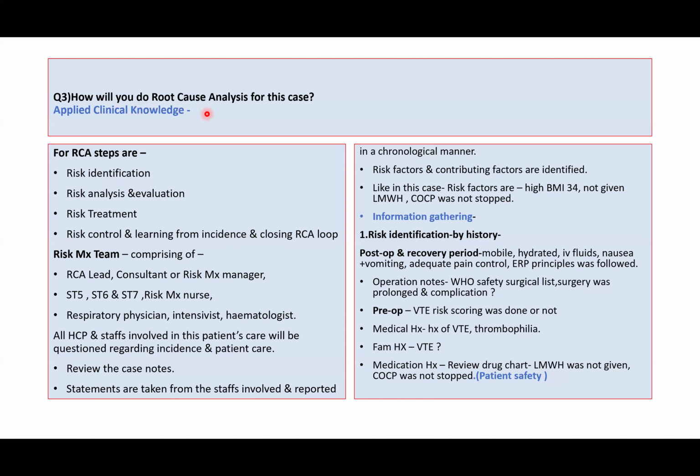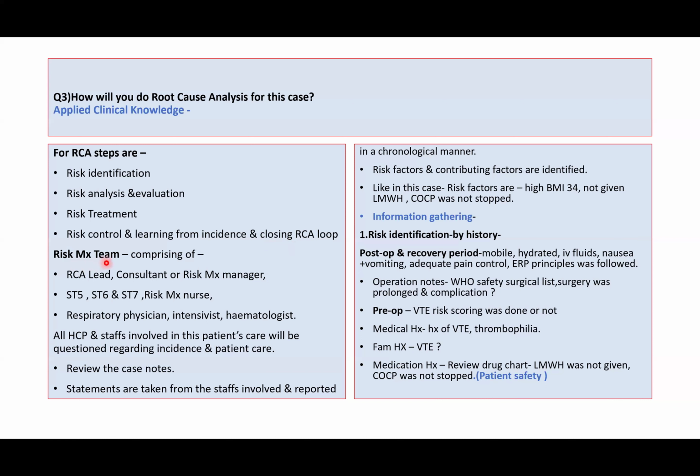So how will you do the root cause analysis for this case? So further management will be also doing the root cause analysis. Now the steps, you have to memorize, same like we are memorizing for the audit. Risk identification, risk analysis and evaluation, risk treatment, risk control and learning from the incidents, and closing the RCA loop.